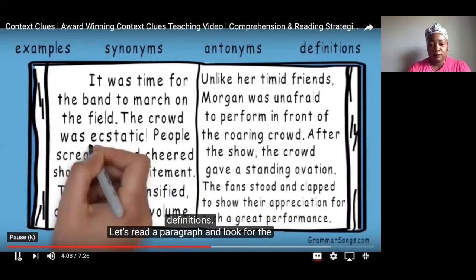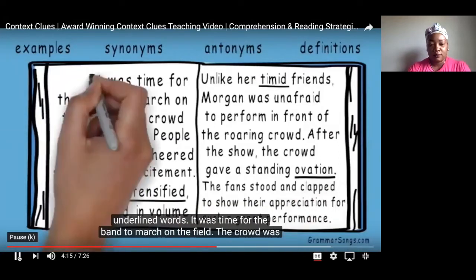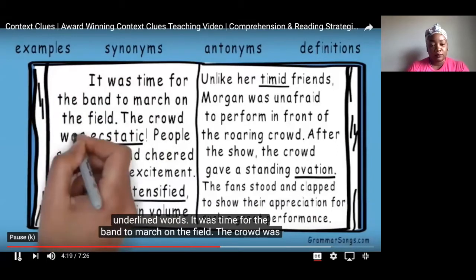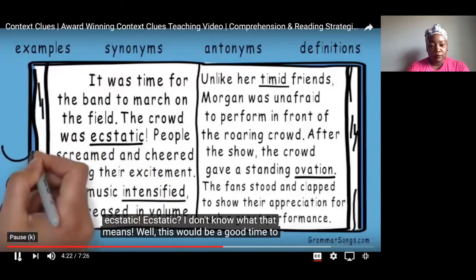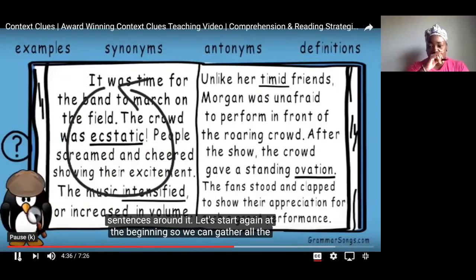Let's read a paragraph and look for the context clues a reader might find if he or she was unfamiliar with the underlined words. It was time for the band to march on the field. The crowd was ecstatic. Ecstatic? I don't know what that means. Well, this would be a good time to look for context clues. Remember, if you can't find a clue in the sentence you just read, you should keep reading.